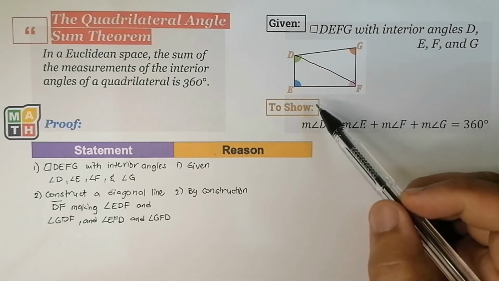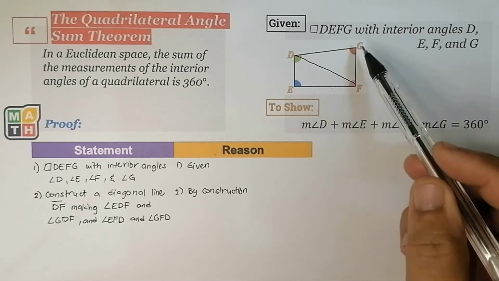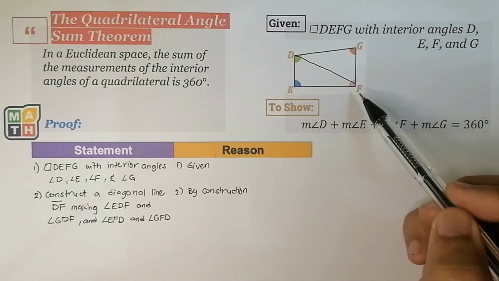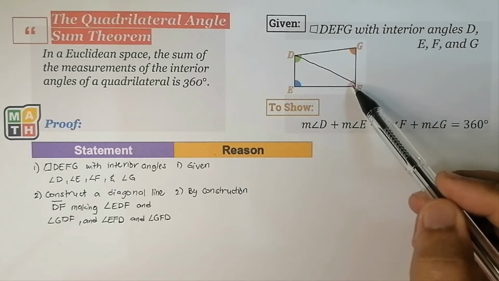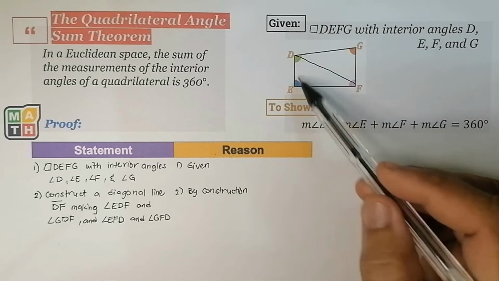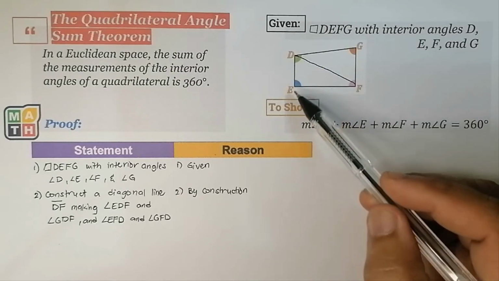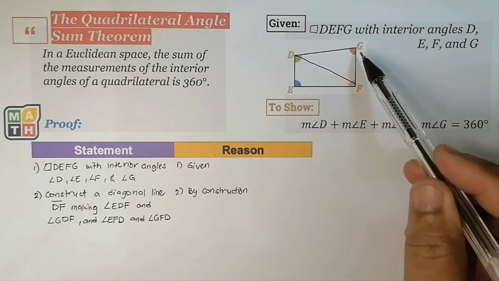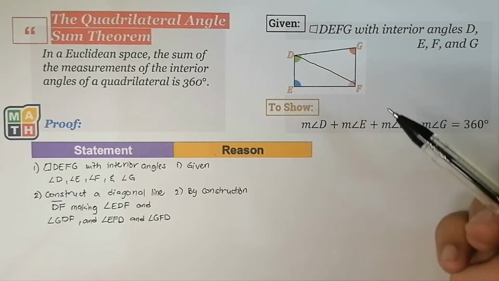So what we are going to look at is that from our singular quadrilateral, we have made two different triangles. Okay, again, we have made two different triangles: triangle DEF and triangle GDF or GFD if you would like to.